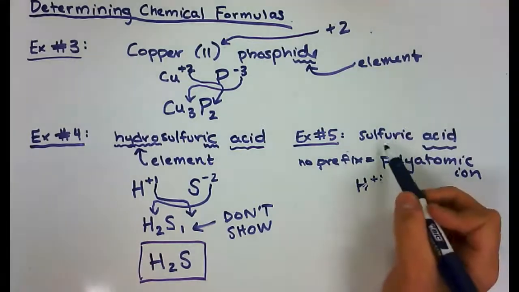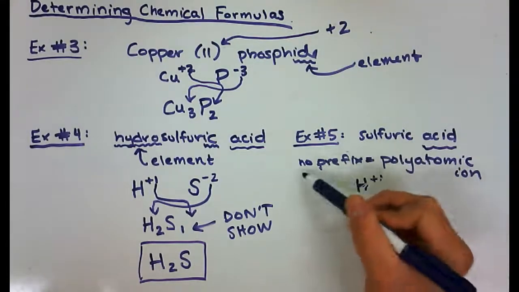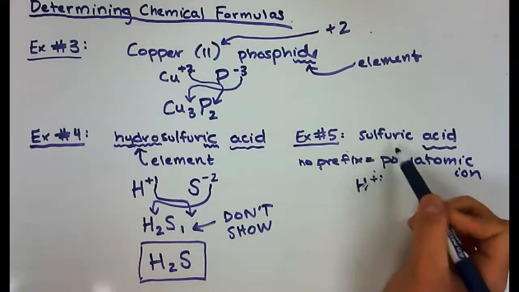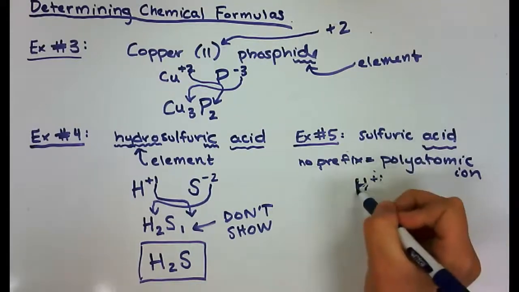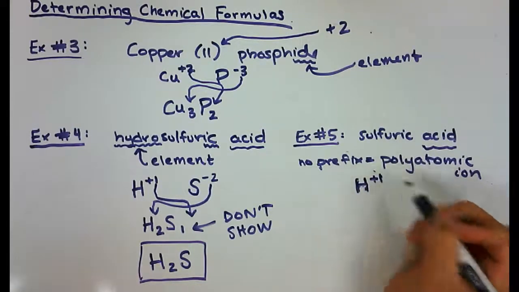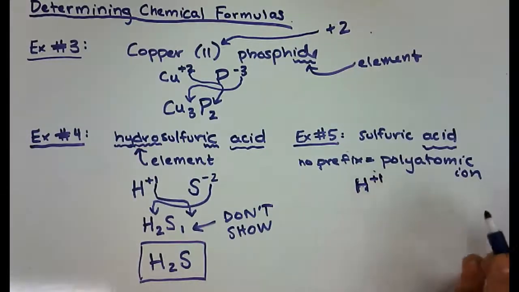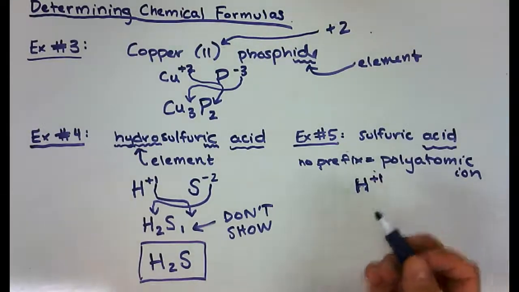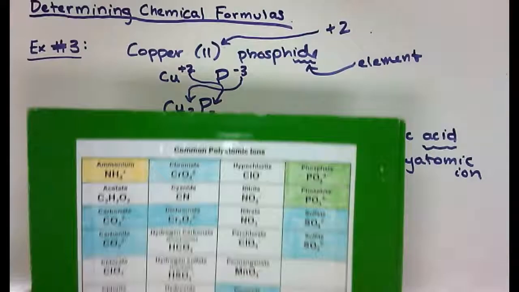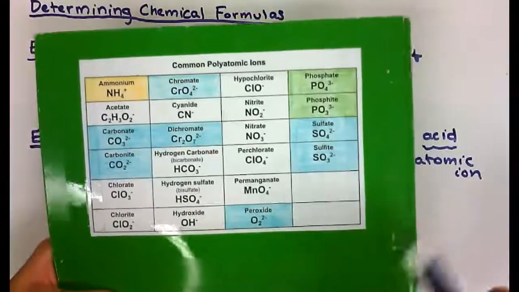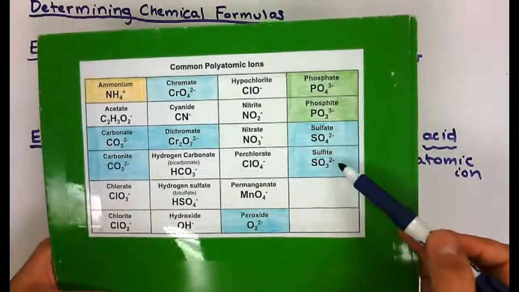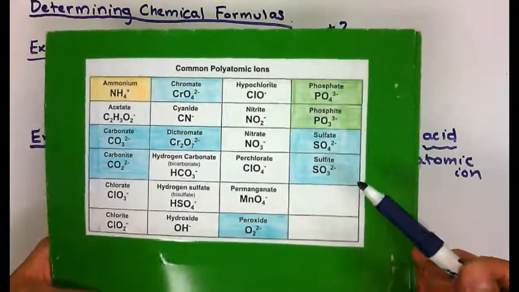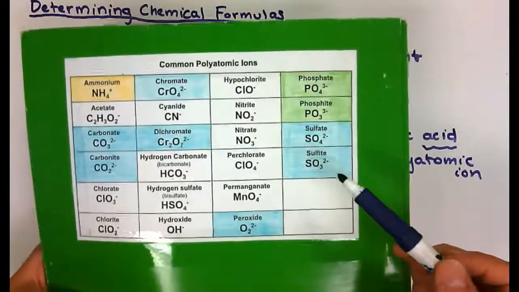Then coming over here to sulfuric acid with no prefix, that means that we have a polyatomic ion bonded to our hydrogen. Now, there are 2 options for what the polyatomic ion could be. We have 2 polyatomics, sulfate and sulfite, that have sulfur in them and kind of sound like they could go here.